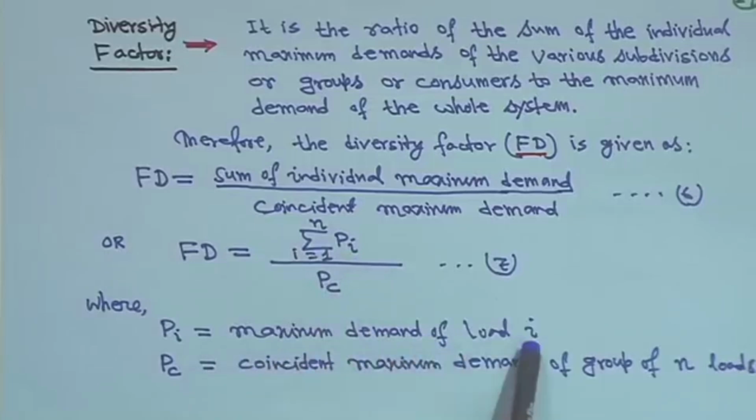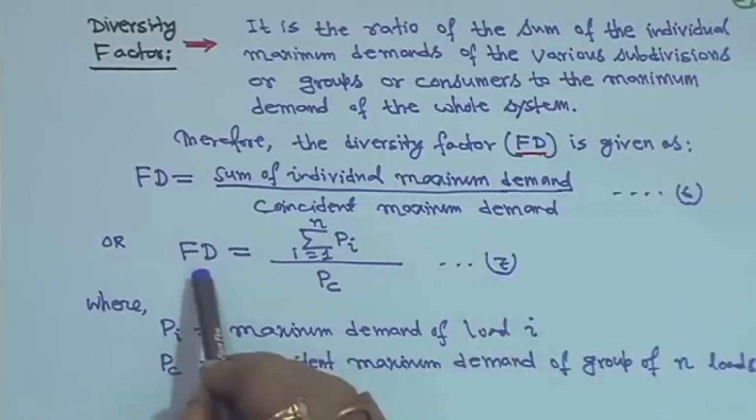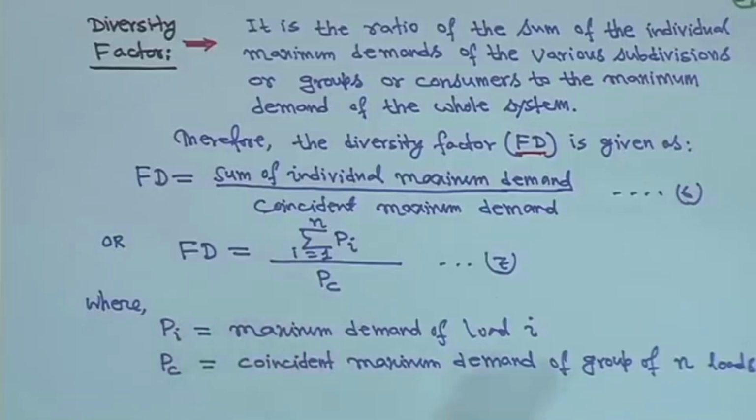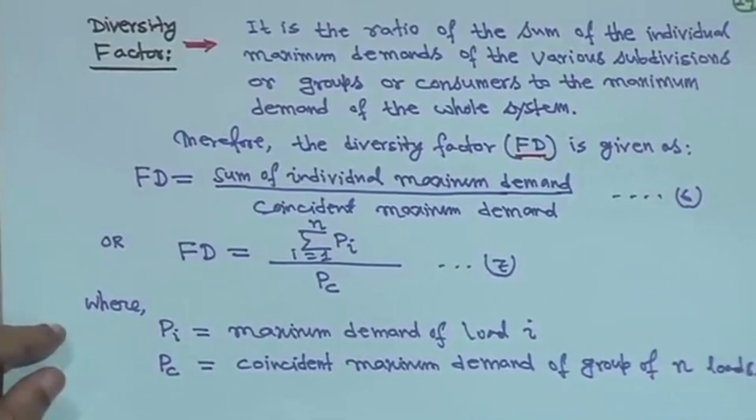Pi is the maximum demand of load i, and Pc is the coincident maximum demand of the group of n loads. So, this is equation 7. We use the term FD, not DF, because demand factor DF was used earlier. So, this is your diversity factor.